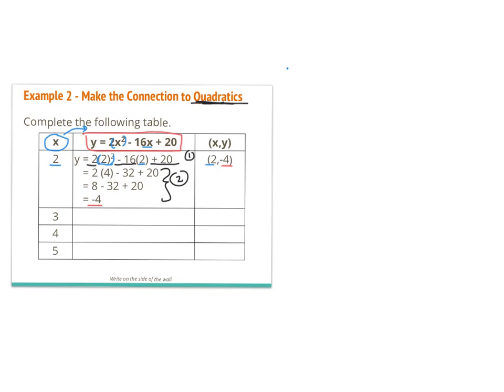Now if I were to continue this, let me do another example. Let's say now I want to do x equals 3. Now what I'm going to have is y equals 2 times 3 squared minus 16 times 3. Oops, wrong color. Plus 20. So you will get some big numbers. It's okay, that's what calculators are for.